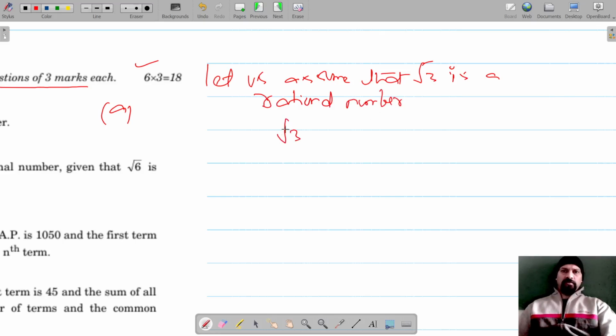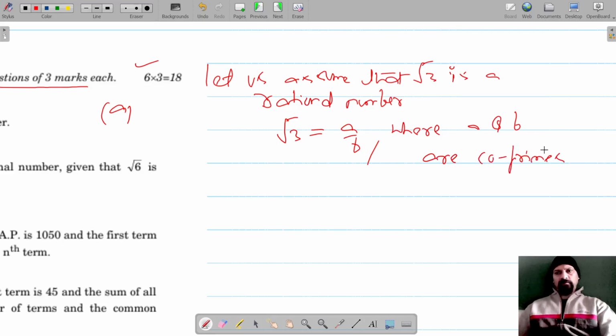If it's a rational number, that means root 3 can be written in the form of a by b, where a and b are co-primes. That is, a and b are co-primes means they're divisible by only one number, that is 1. So they have only one common factor, which is 1. So a and b are co-primes.